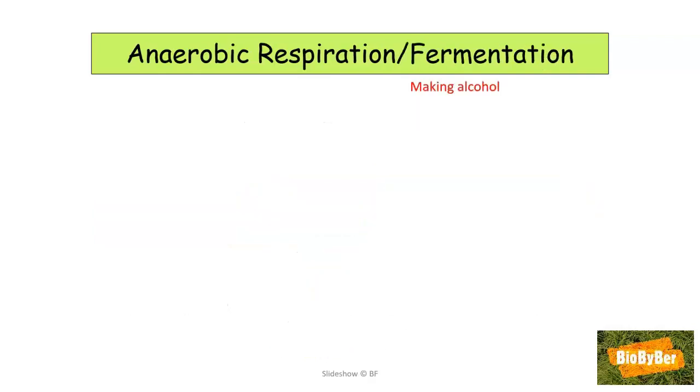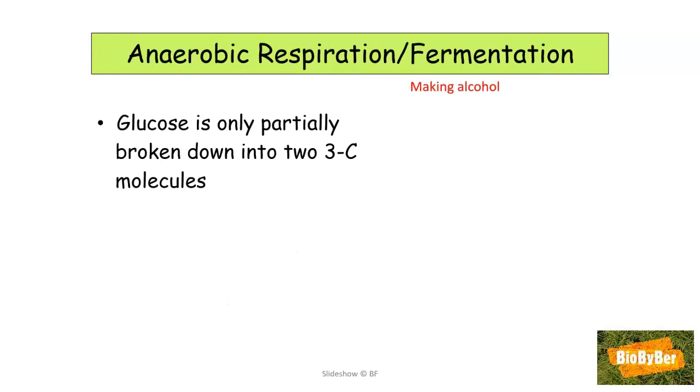Well, we have to understand that in making alcohol or fermentation, the glucose is only partially broken down into 2 3 carbon molecules, and a small amount of energy is released. This is because these 2 3 carbon molecules still contain quite a bit of energy themselves.